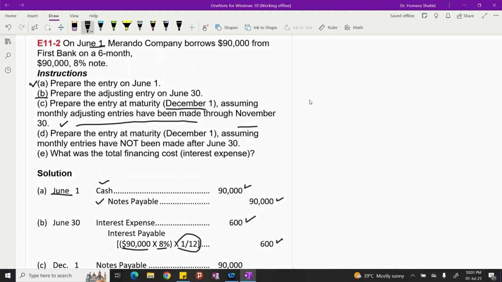So it means that the June entry we did, the July entry we assume is done, August entry is done, September entry is done, October entry is done, and November entry is also done. So all the 6 months entries are already made, so we don't need to make any adjusting entry for the interest. But we need to know what the interest payable is, because at maturity we have to pay back principal as well as interest payable, right?